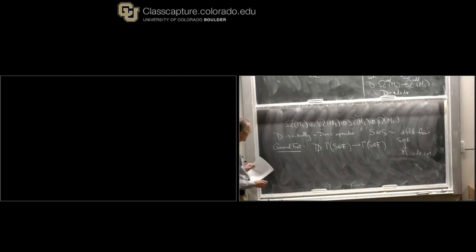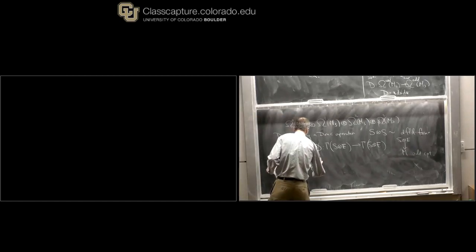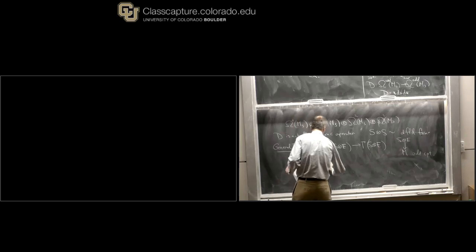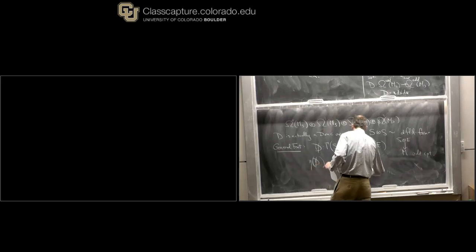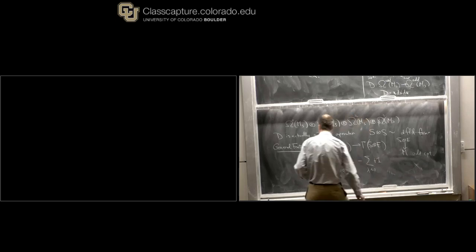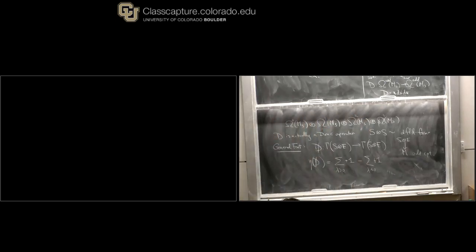then you can define rigorously, I don't have time for it, something called the eta invariant of that Dirac operator, which is the sum of +1 over all the positive modes minus the sum of +1 over all the negative modes. So you see, in even dimensions, the Dirac operator has a spectrum which is symmetric around 0 because it anti-commutes with the analog of gamma 5.